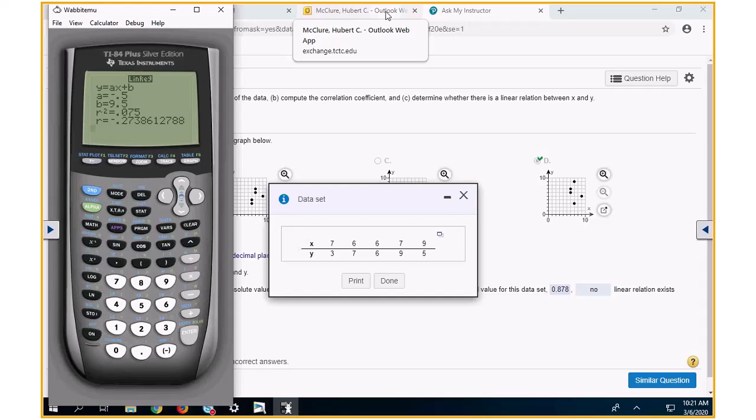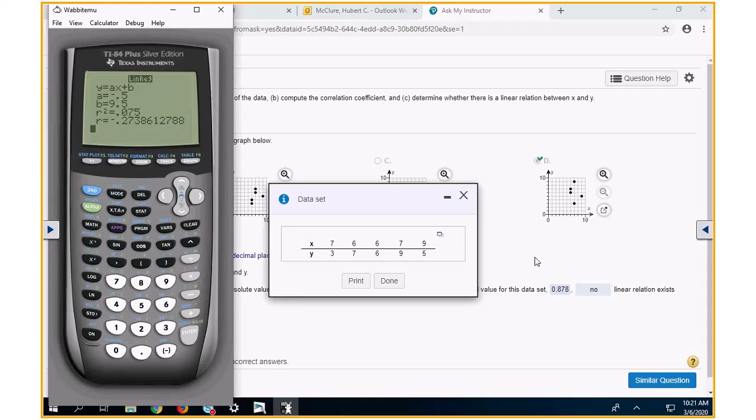Wait a minute. Stat, calculate linear regression. Yeah, you got L1 as a frequency list. Let's check that out. Now calculate. There we go. Thank you. I think it was that extra thing.